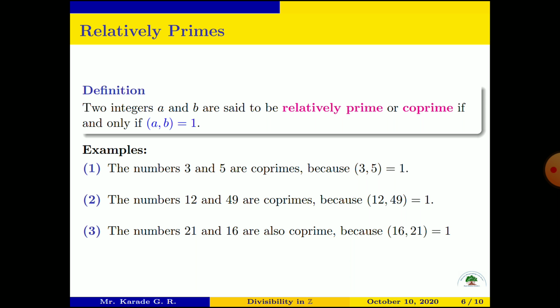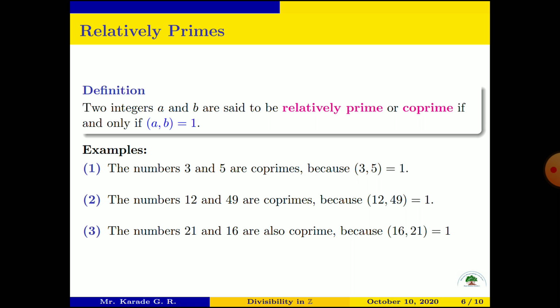Once again, the two integers a and b are said to be relatively prime or co-prime if and only if GCD of a and b is equal to 1.